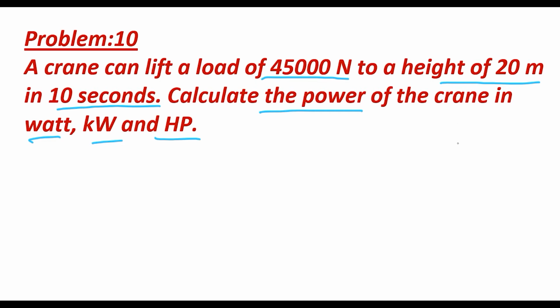First of all, we know that power means the rate of doing work, and mathematically it is given by work done upon time taken. So first of all, write the given. Load is given here, the weight of an object. A crane can lift a load of 45,000, sorry, here the load is 45,000 newton.